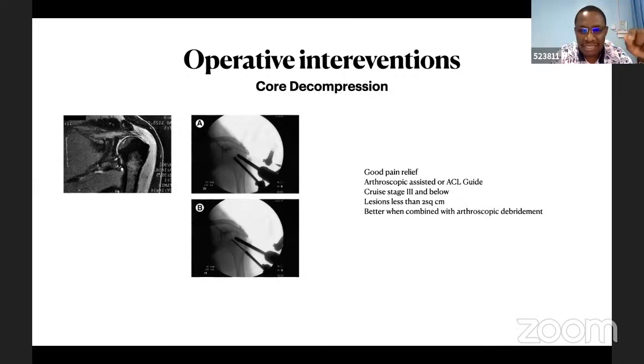So you put in a guide wire and you drill towards the tip. Actually, the use of the guide wire is a new thing that is very helpful. So if I'm going to do this, I'll be using the guide wire. And then you drill from the outside. Of course, you try to avoid things like the biceps tendon. You drill through the deltoid.